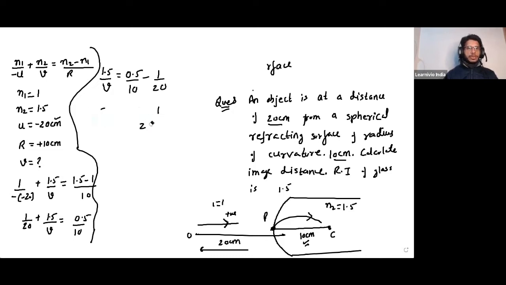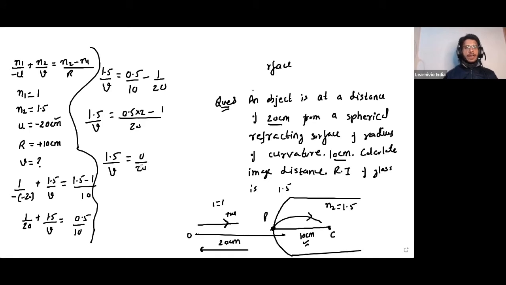zero. Let me check once again. Maybe zero means your rays will become parallel. n1 is 1, n2 is 1.5, u is minus 20, r is 10. The radius of curvature is 10 centimeters. Yes, it would be infinity. 1.5 by v, with LCM 20, is 0.5 multiplied by 2 minus 1, so 1.5 by v is 0 by 20.